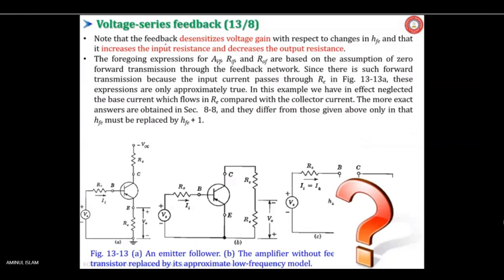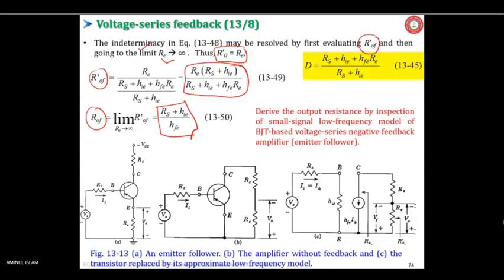Note that the feedback desensitizes the voltage gain with respect to changes in HFE, and that it increases the input resistance and decreases the output resistance. Negative feedback does this, and it can be understood from the equations obtained here.